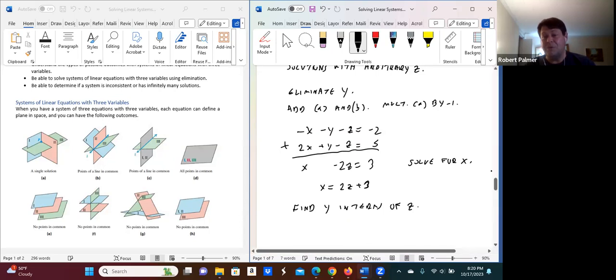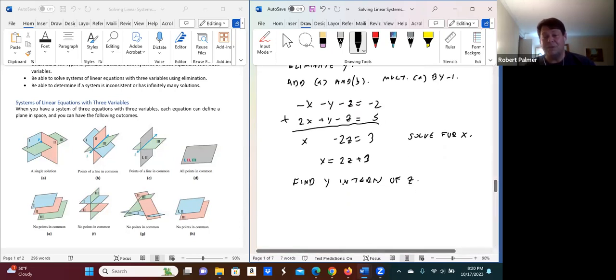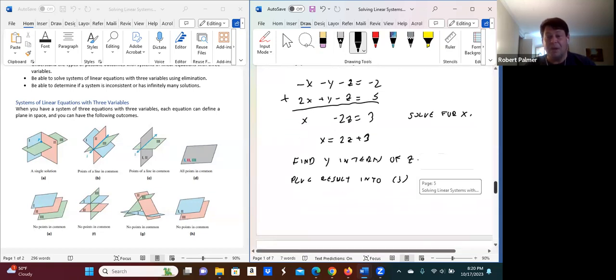To do that, let's plug this result we just got into equation B. Once again, that's also just a choice. That's what we're going to use.